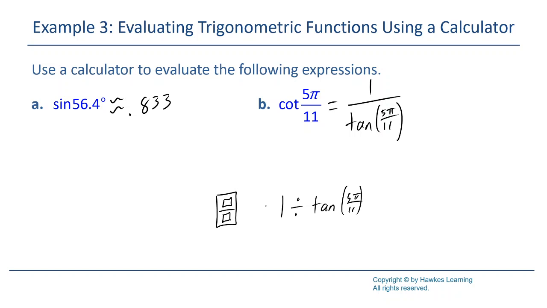It's just a matter of which one you can use and which one's going to be easier. So then tangent of 5 pi over 11. Now, technically, if it won't let you do an actual displayed fraction, then you're probably going to have to do it like this: 1 divided by tangent of 5 pi divided by 11, with parentheses.